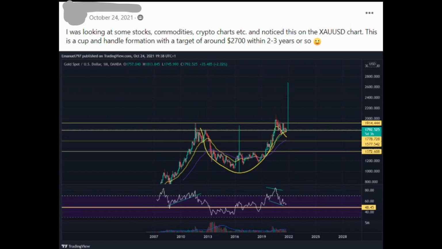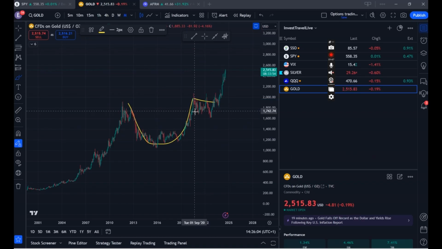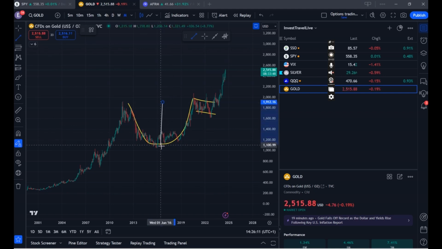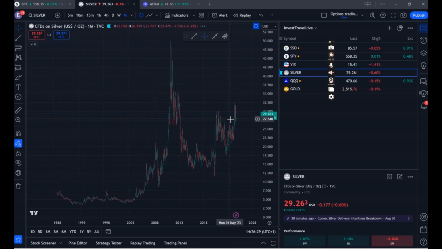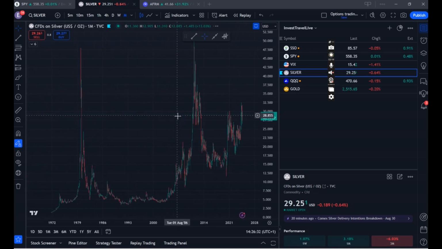This is a cup and handle pattern with the target as a measurement of the cup, so it still has that target to complete regardless of what happens next. That's around 2,800.